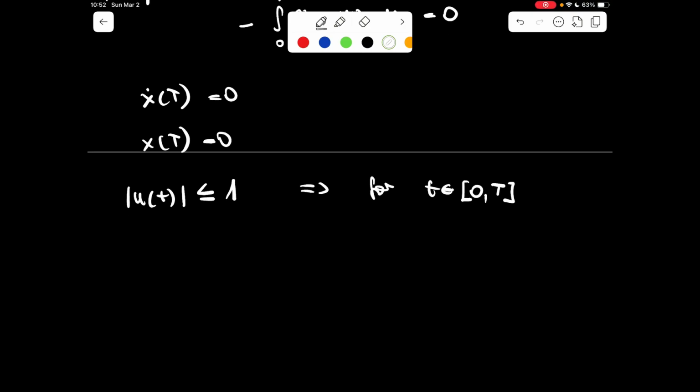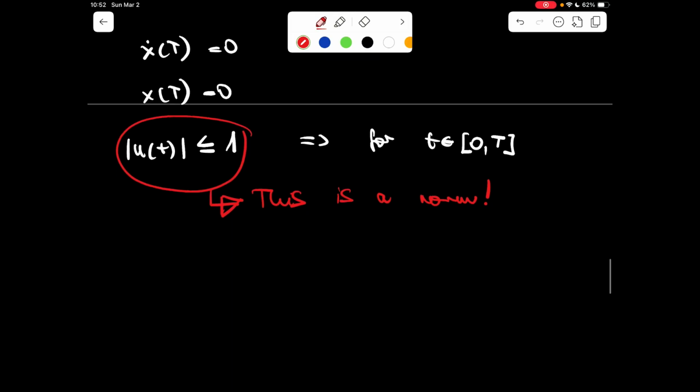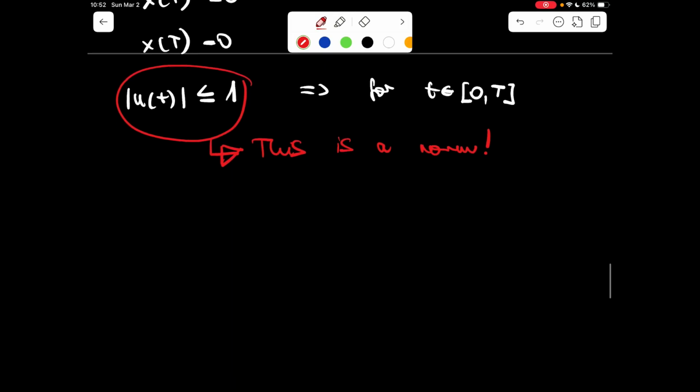So we must realize, to move on, that this is a norm. This is a norm, which is familiar to us.